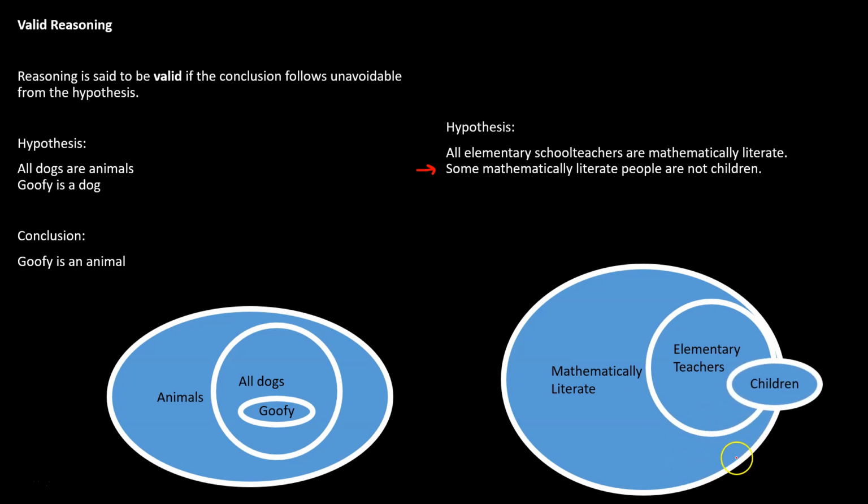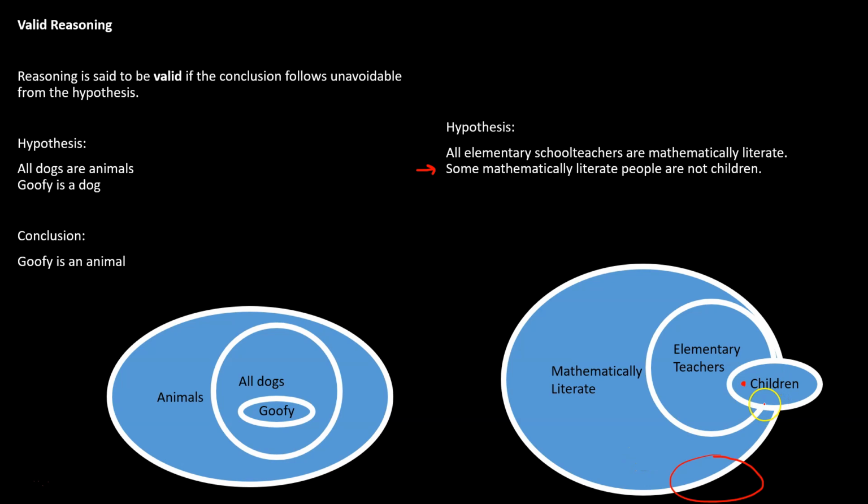In the last circle, we were not including elementary school teachers at all. But now in the new position that I've moved it, I'm saying that if I put a dot right here, that dot belongs to the children's circle. It belongs to the elementary teachers circle. And it belongs to the mathematically literate circle.